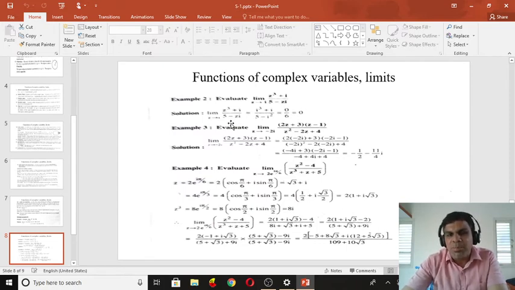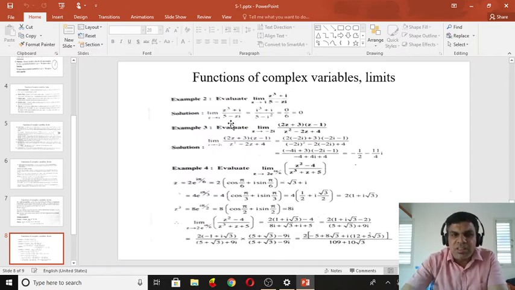Replace z by i: i cube should be minus i, so minus i plus i get cancelled in the numerator. The denominator should be i square, which is minus 1, and plus 5, plus 1 should be 6. So 0 divided by 6 equal to 0.